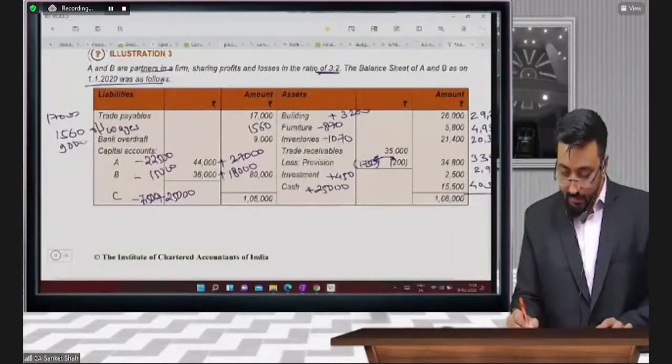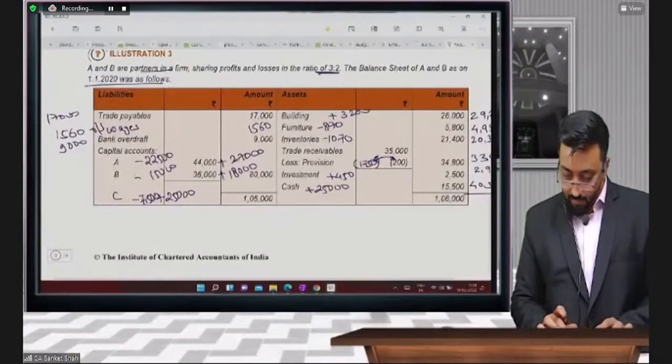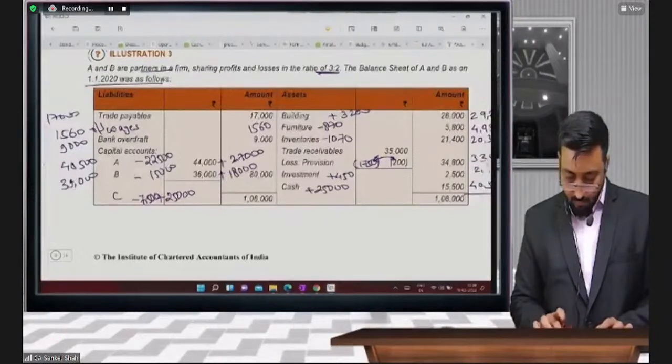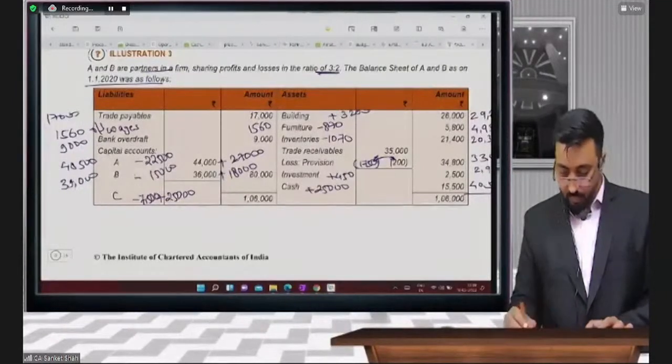Bank as it is 9,000. A's capital 44,000 plus 27,000 minus 22,500, 48,500. B 36,000 plus 18,000 minus 15,000. And C 17,500.